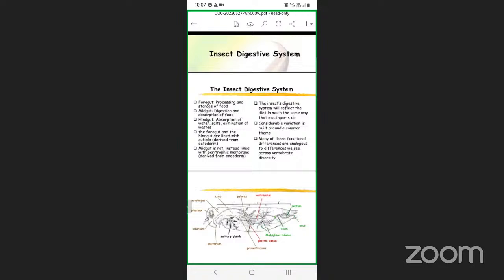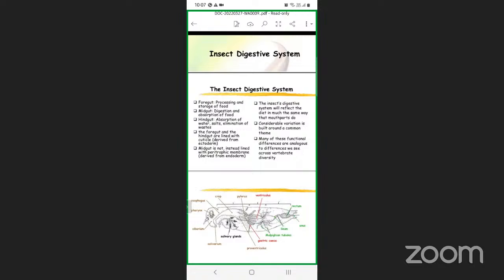When we want to discuss the foregut in detail, we see the various morphological divisions, starting from the mouth parts.